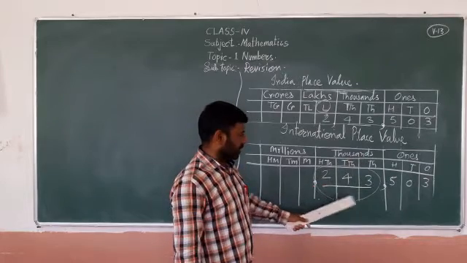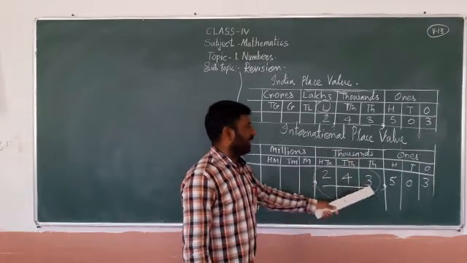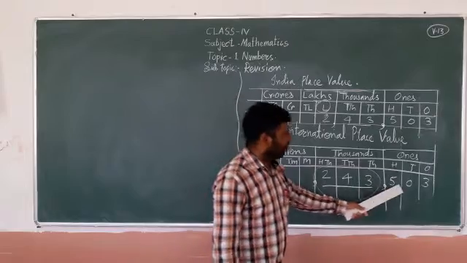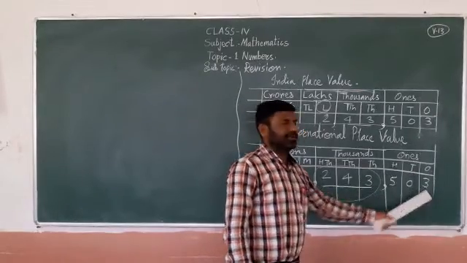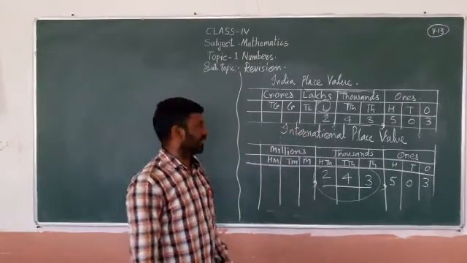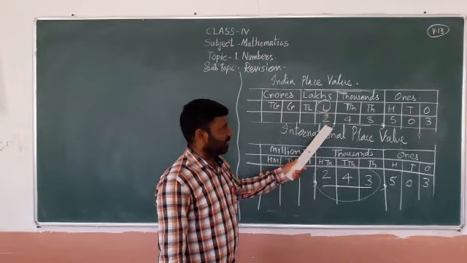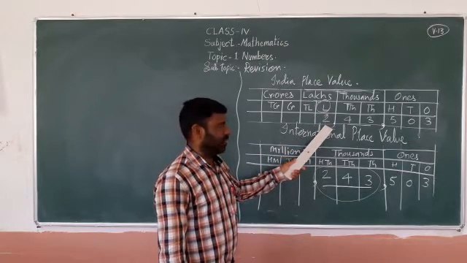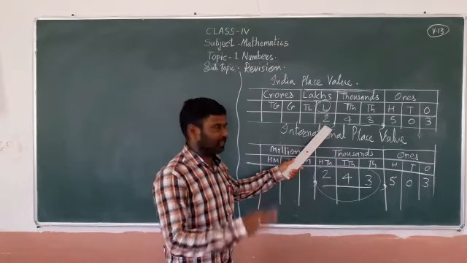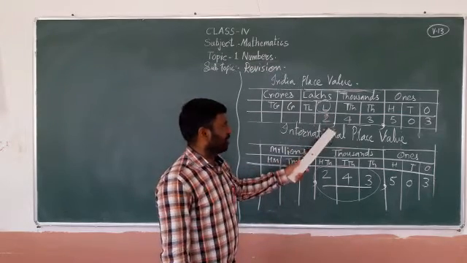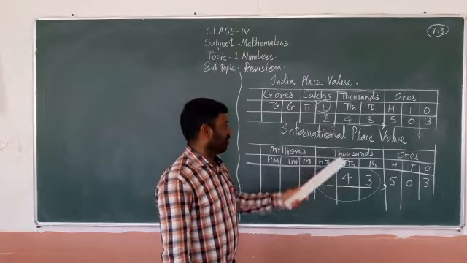So how to read this one? 243,503. Understand? Means 1 lakh, we saw in our previous video, the relation between these two.